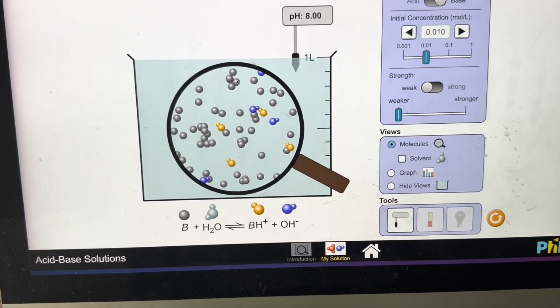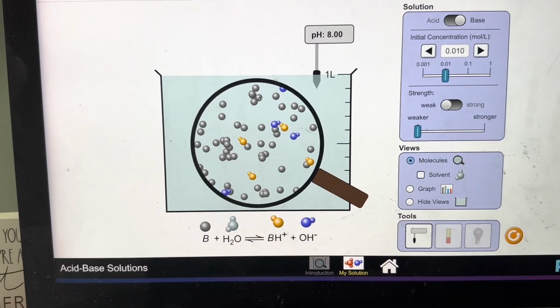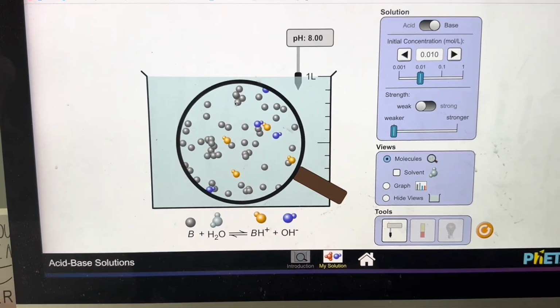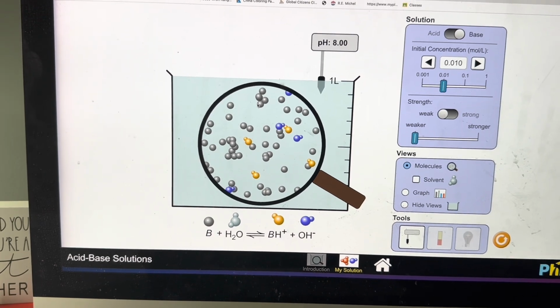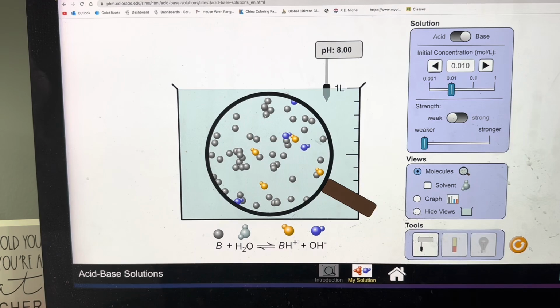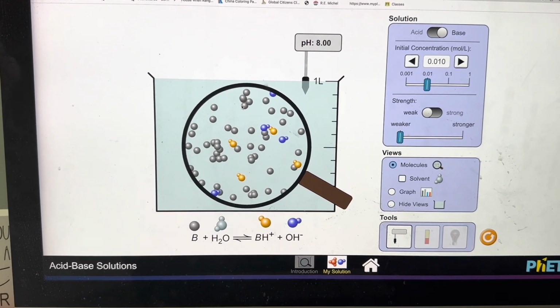So when we're looking at these acid and base reactions, we're going to be calculating pH and looking at that math later on in this chapter. But for the first part and for most of this week, we just want to look at what happens when acids and bases react. Where does our hydrogen go? How can we predict what's an acid and what's a base?